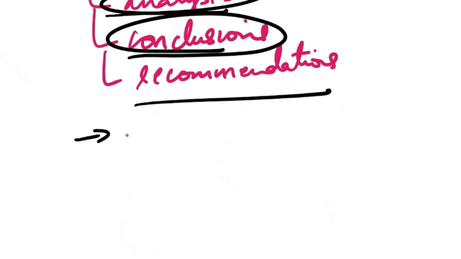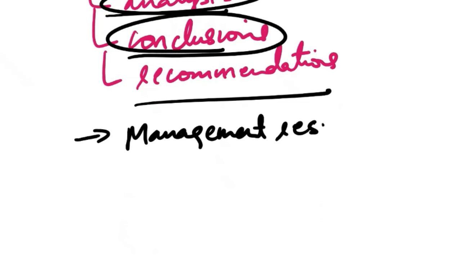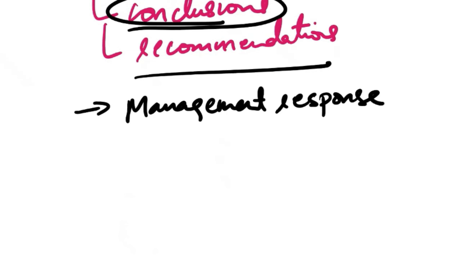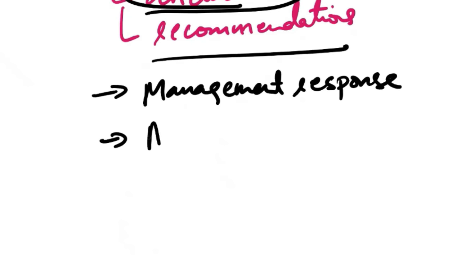After this, you can include a section for management response, where management provides feedback on the audit findings and recommendations. Document management's action plan for implementing recommended improvements and addressing identified issues. Next is appendices.